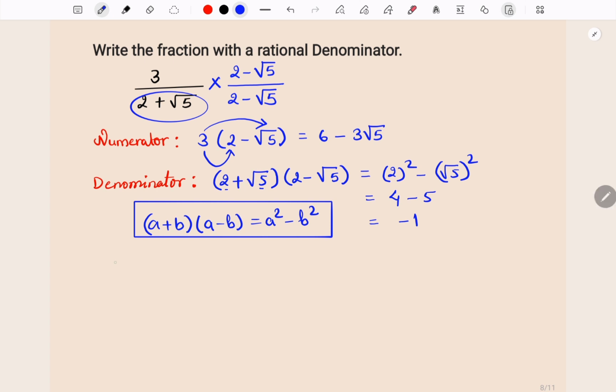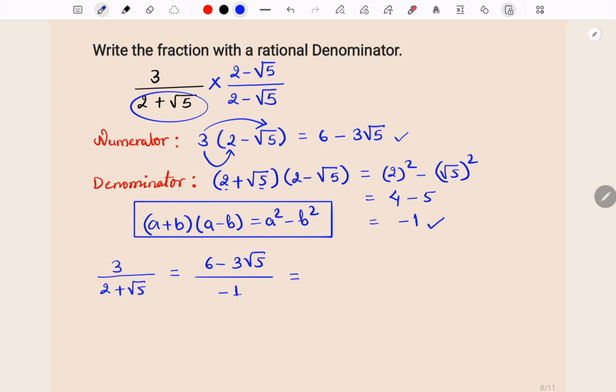So 3 over 2 plus root 5 is actually 6 minus 3 root 5, because this is the numerator, right? Over minus 1, the denominator.